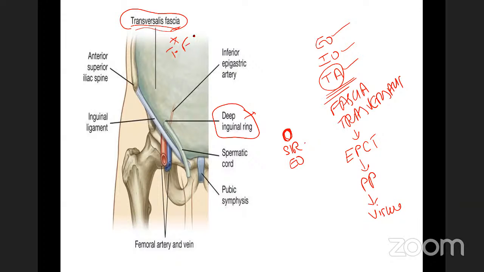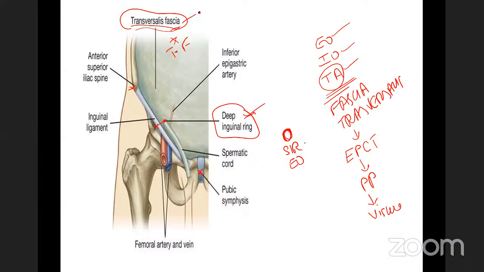It is located around 1.2 centimeters above the mid-inguinal point. What is the mid-inguinal point? It is the point in between the anterior superior iliac spine and the pubic symphysis. So 1.2 centimeters above the mid-inguinal point, you have the deep inguinal ring, which is an opening in the fascia transversalis.